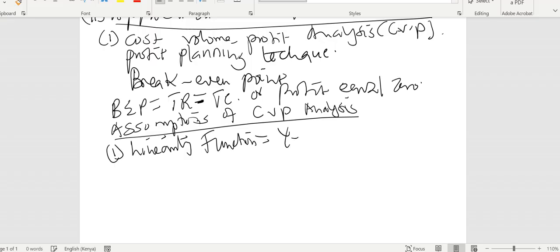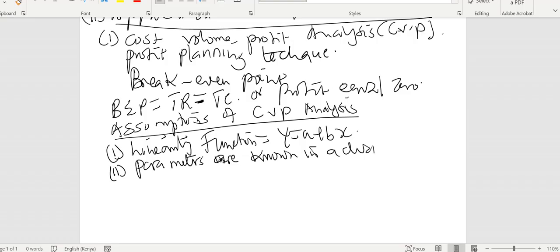which is the same as y is equal to a plus bx. 2, this model or the CVP analysis or parameters are known in advance. So parameters are known in advance. 3, variable cost depends on what?